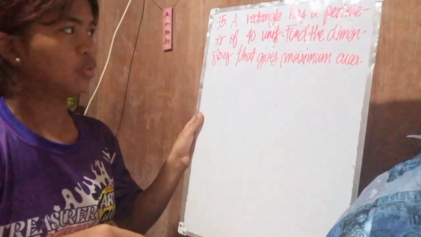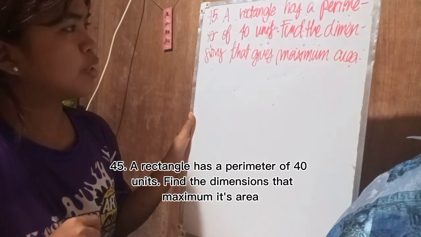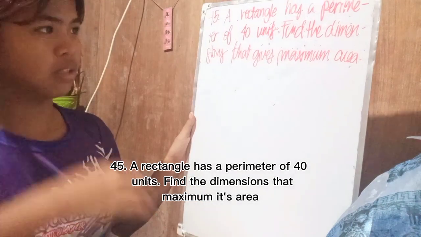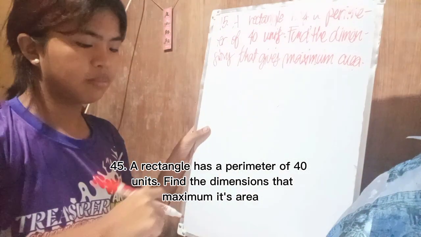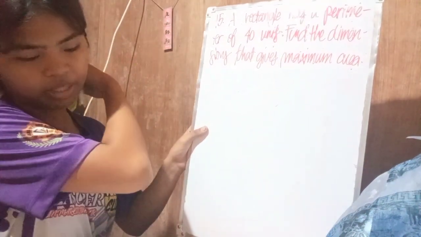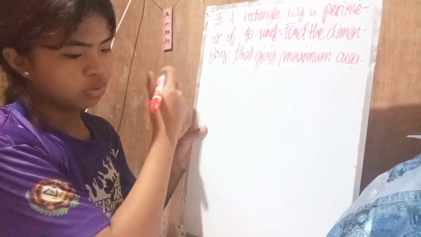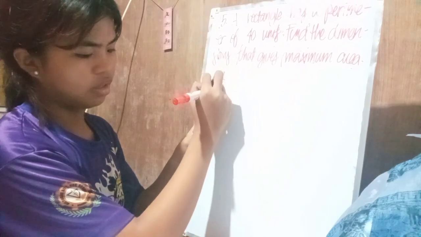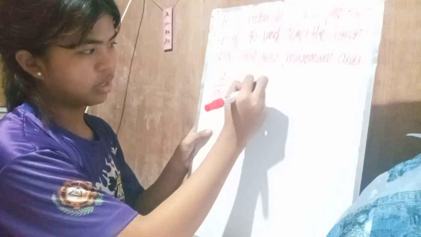Now let's go to number 45. A rectangle has a perimeter of 40 units. Find the dimensions that give maximum area. Same as before, let the length be x. So I'll go directly. So dA over dx is equal to 20 minus 2x.